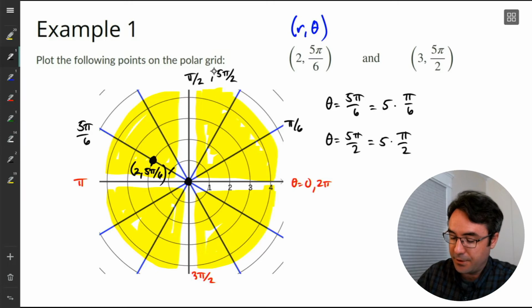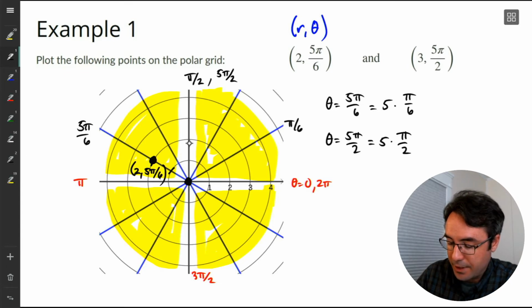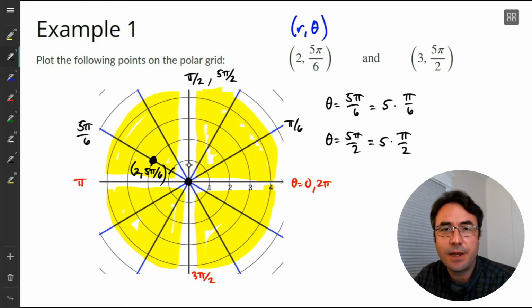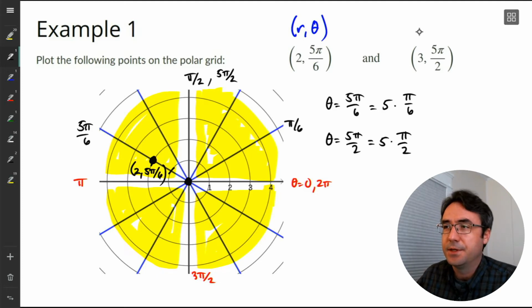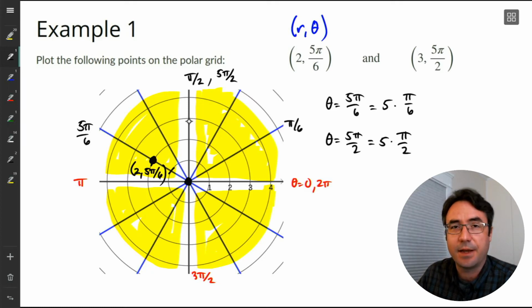So this is just another way to represent the positive y-axis. So when we draw this point out, we're going to be drawing it somewhere on this ray. And so this is where the R value comes in. So the R value here is 3. So we're going to count, starting at the origin, 3 units onto that ray.